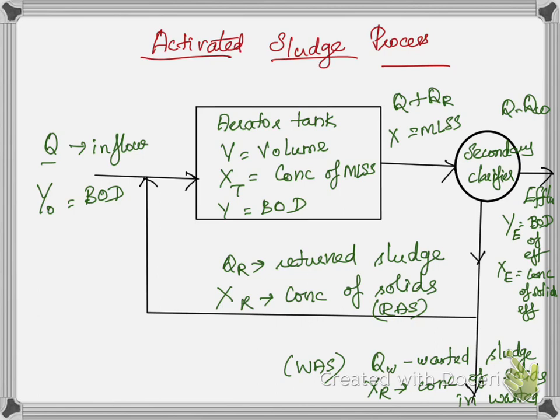So the main aim is to oxidize and remove the finely divided suspended materials which have not been removed in the earlier treatment, that is the primary treatment. If anything is not removed, we have to remove it.